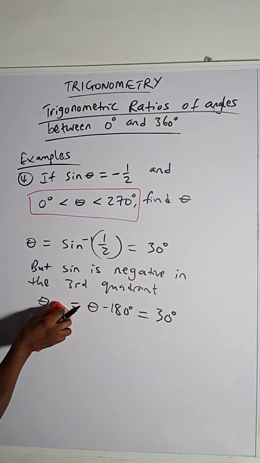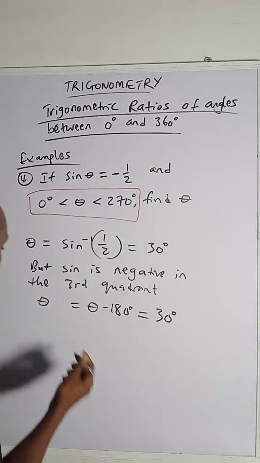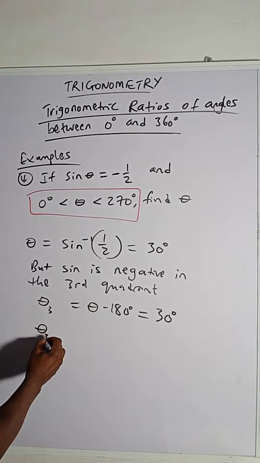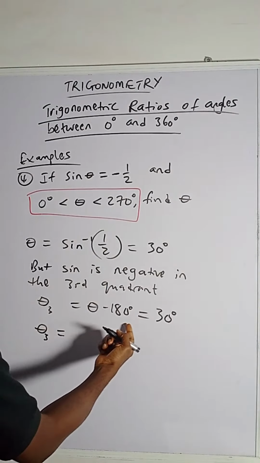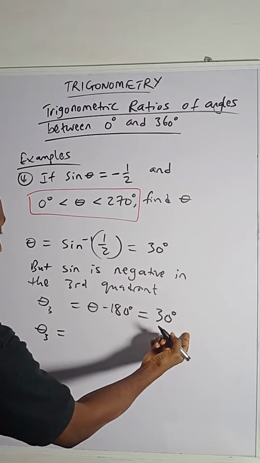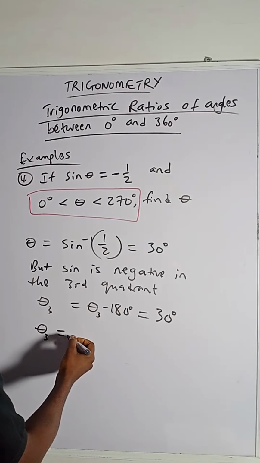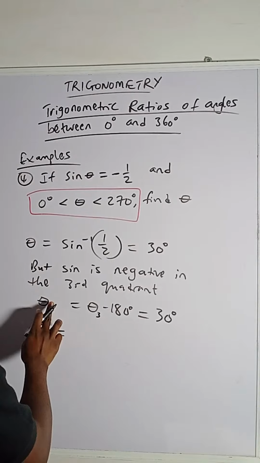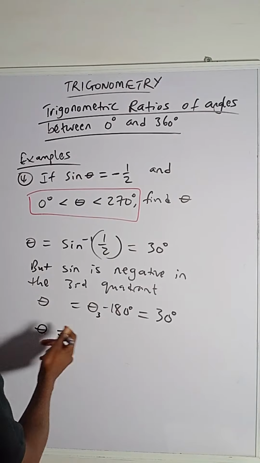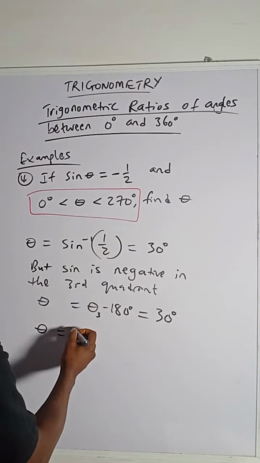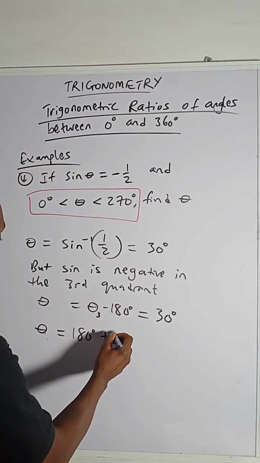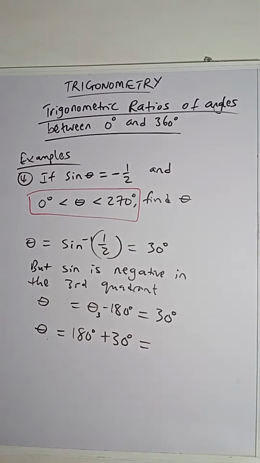I meant the angle in the third quadrant. If you move this over, you're going to have theta equals 180 degrees plus 30 degrees.